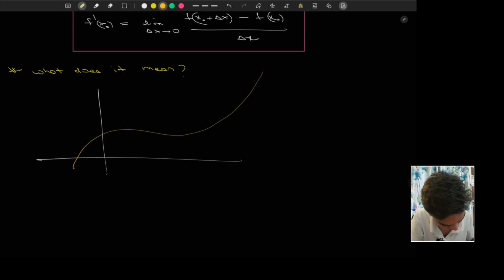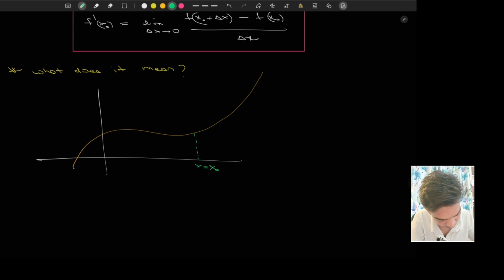Let's say this is my point x equals x0. And I ask what it means to have a derivative of this function at a particular point x equals x0.